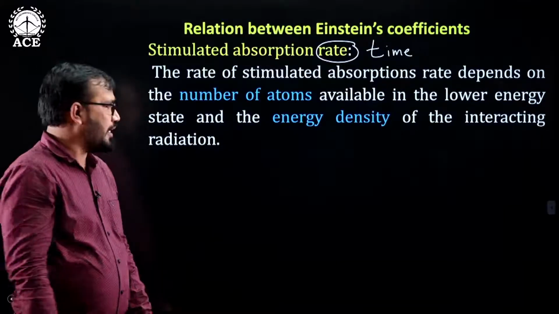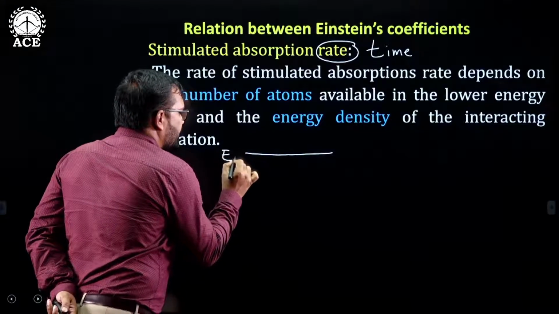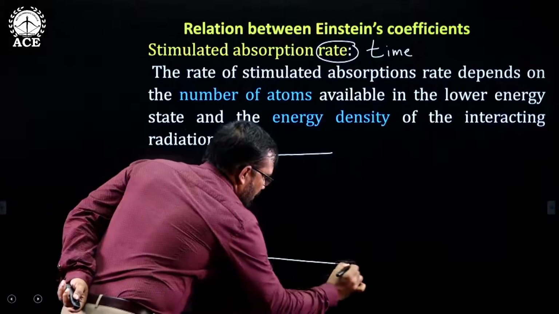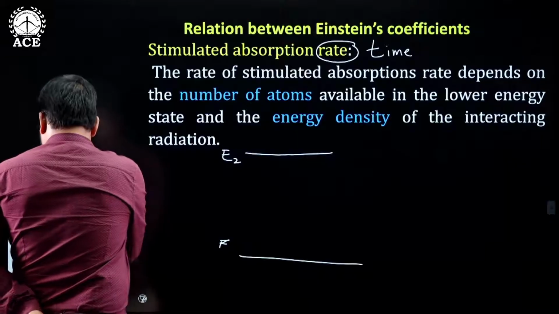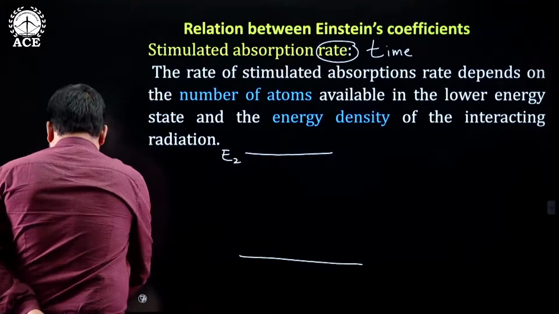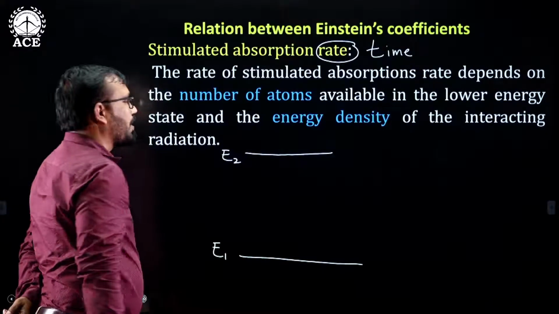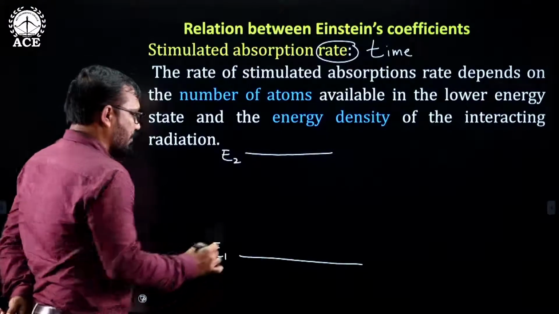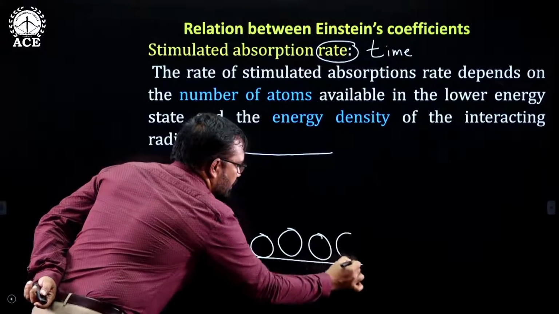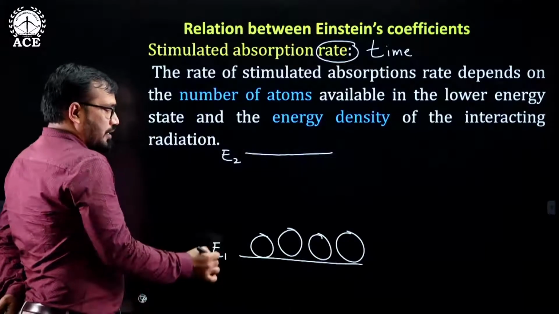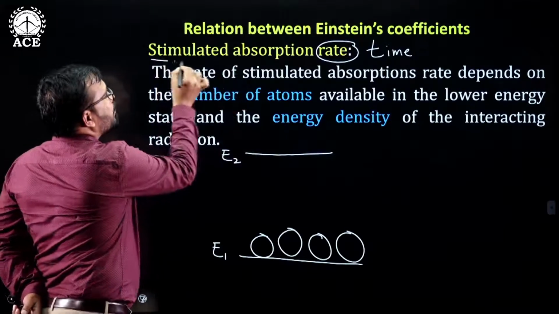So how does it depend? See here, this is the higher energy level, the upper energy level, and this is the lower energy level. These are the two energy levels. Now this is an atom. These are the atoms present. The transition of atoms is from lower energy level to higher energy level because it is stimulated absorption.